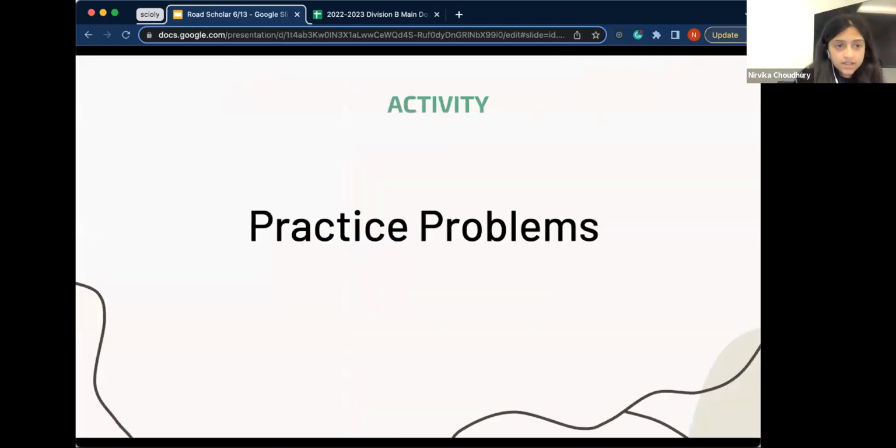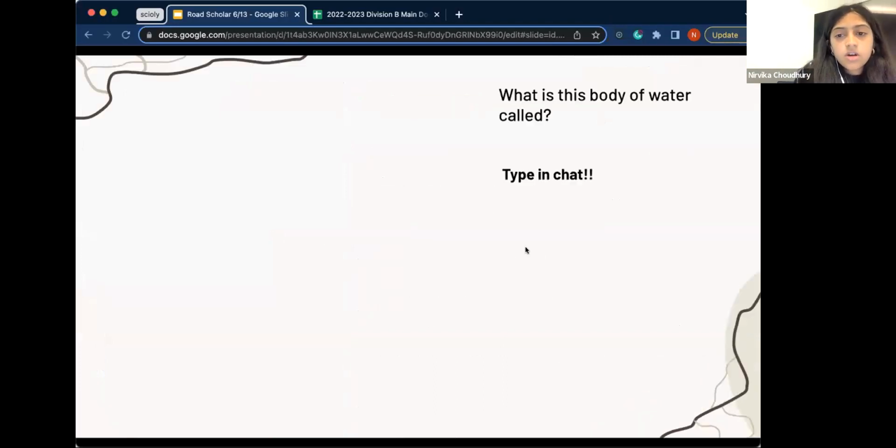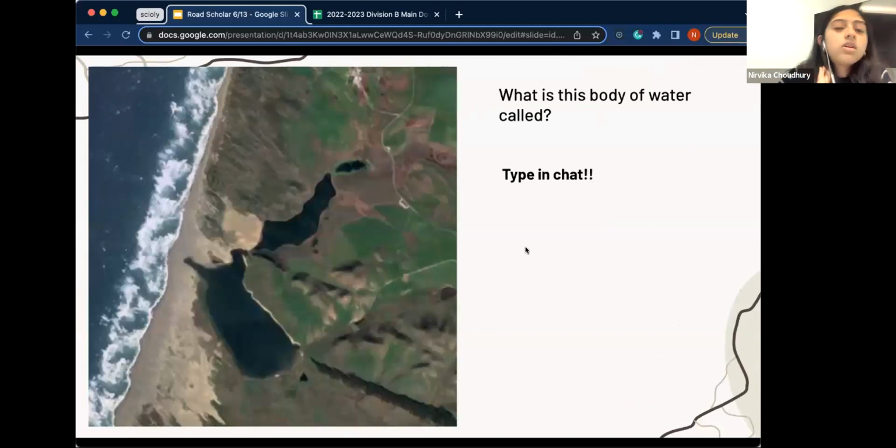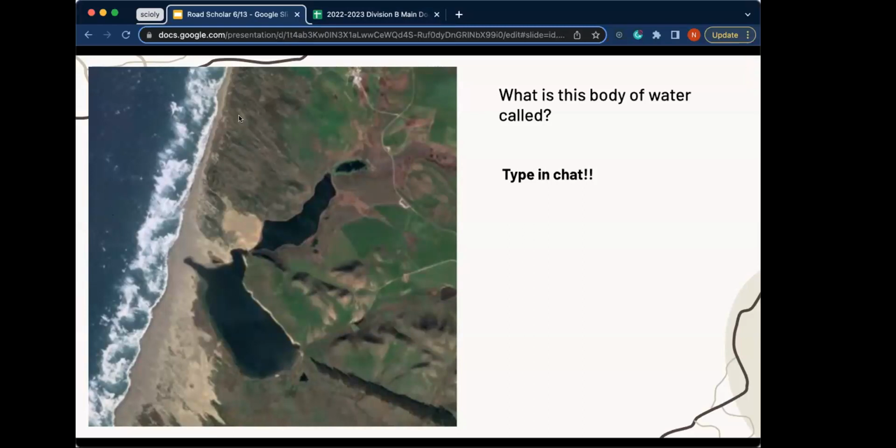Next, we have some practice problems. First, what is this body of water called? Wait, which one? The one on the left or the one in the middle?